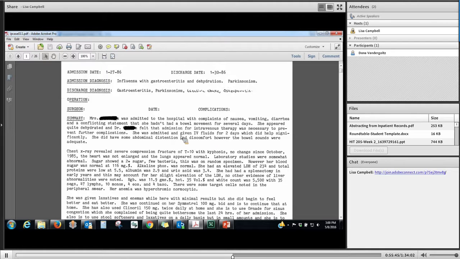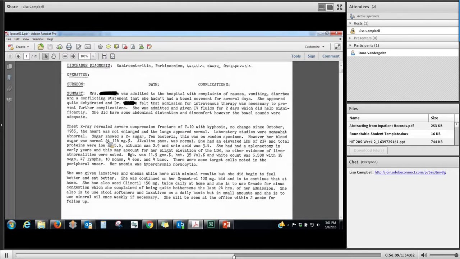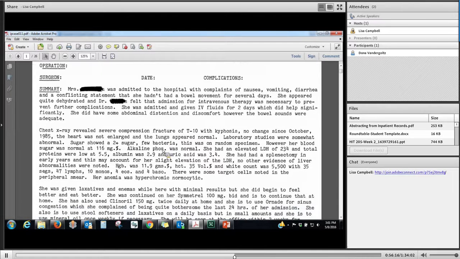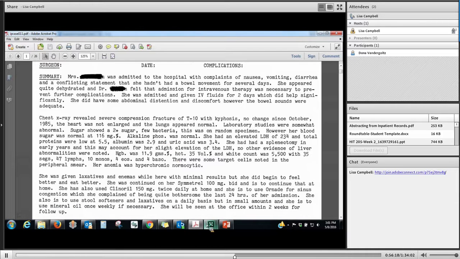Remember, according to the guidelines, all conditions that coexist at the time of admission, that develop subsequently, or that affect the treatment received and/or the length of stay are secondary diagnoses that we have to code. So let's look at the discharge summary for this patient. I'm going to give you a few seconds to read through it.